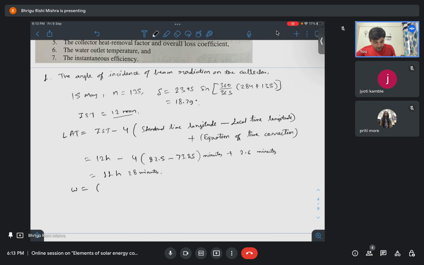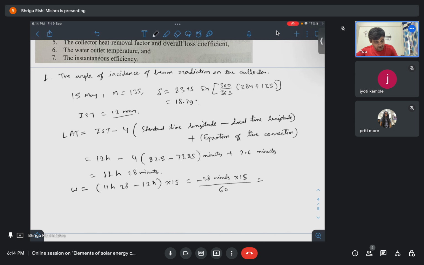So omega will be 11 hour 28 minutes minus 12 hour, into 15. Since it is 15 degree for 1 hour, we need to divide by 60.